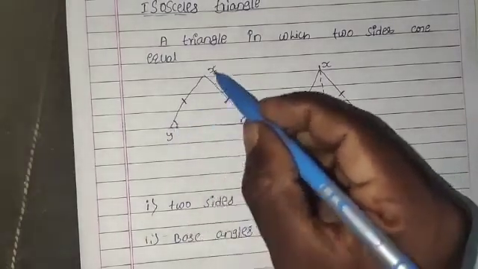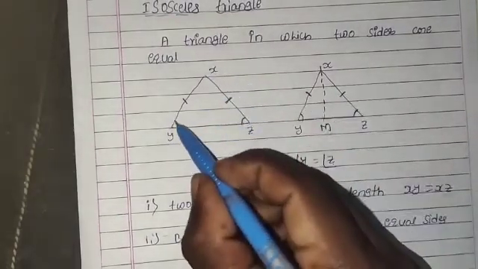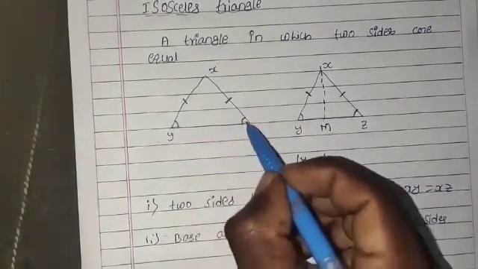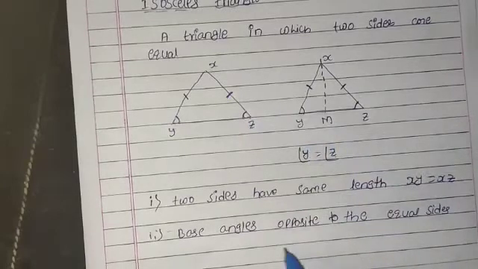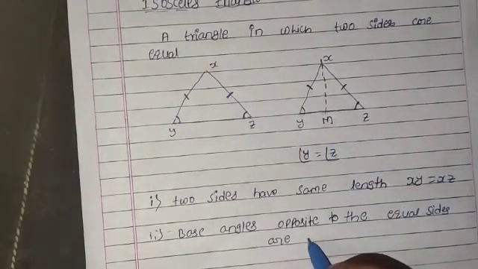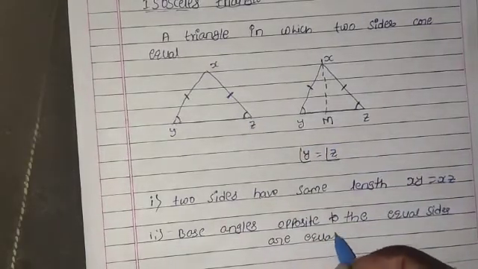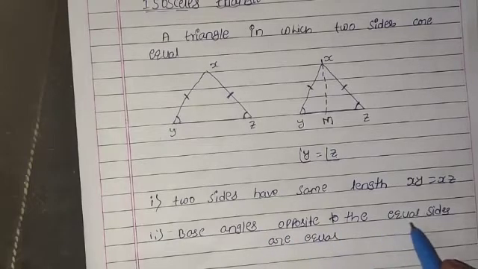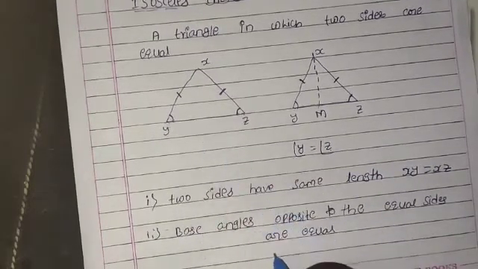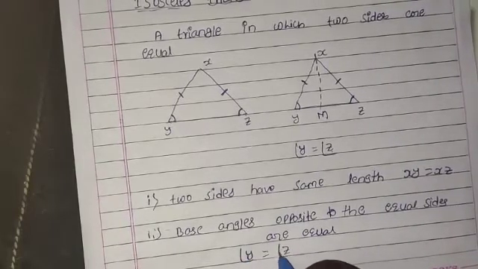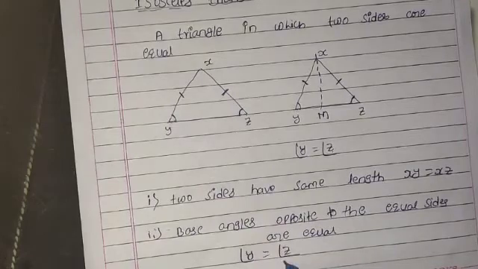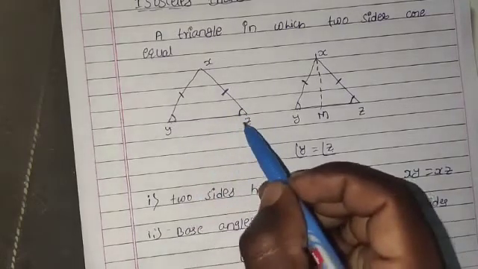Opposite to these equal sides are angles Y and Z. These two are base angles, and base angles are always equal. Which are the base angles? Y and Z, which means angle Y is equal to angle Z. In an isosceles triangle, the base angles are equal.